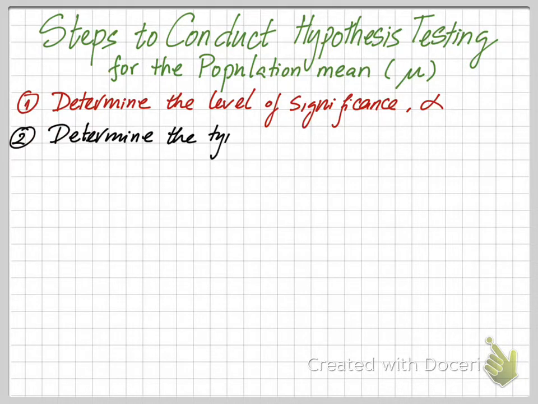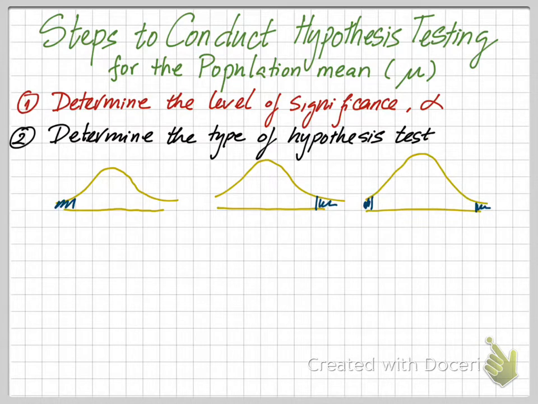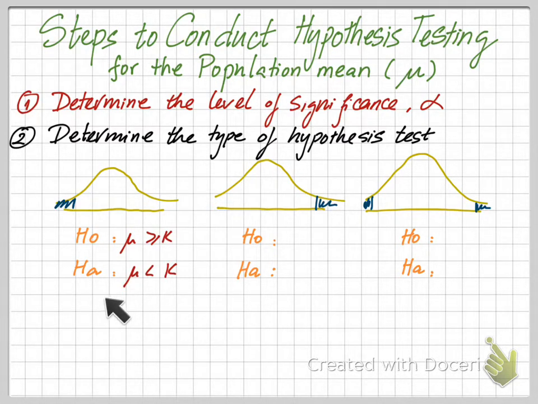Second, we need to determine the type of hypothesis test based on the hypothesis statements. If the alternative hypothesis is mu is strictly less than k, then this is the left tail test.